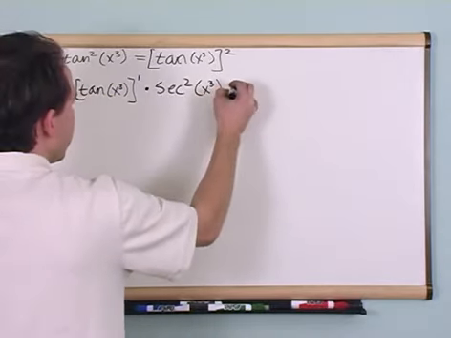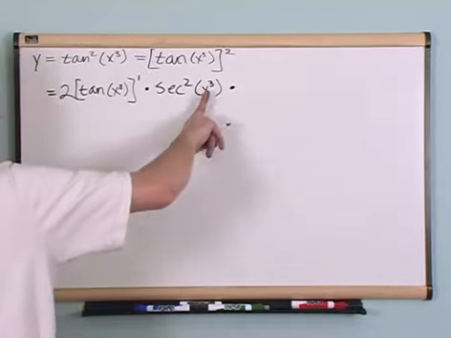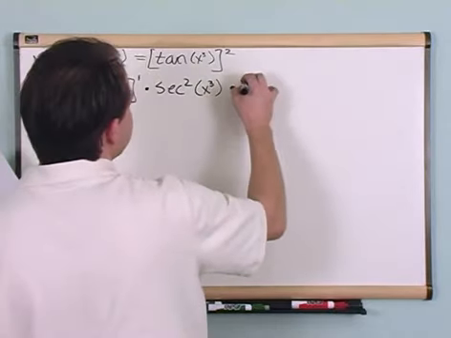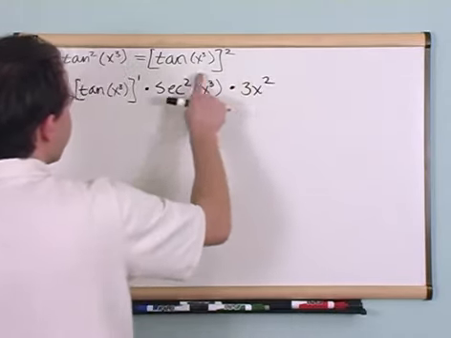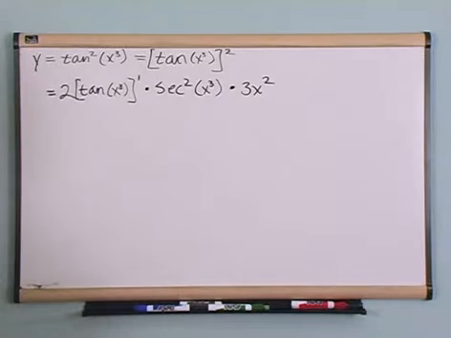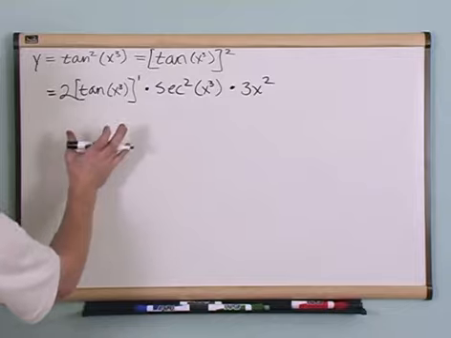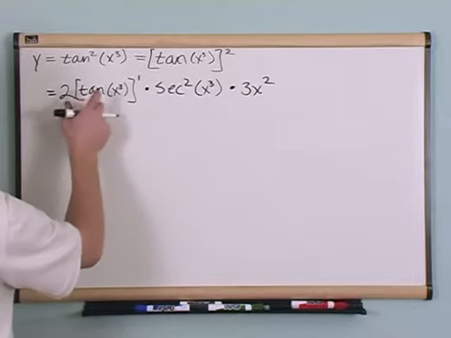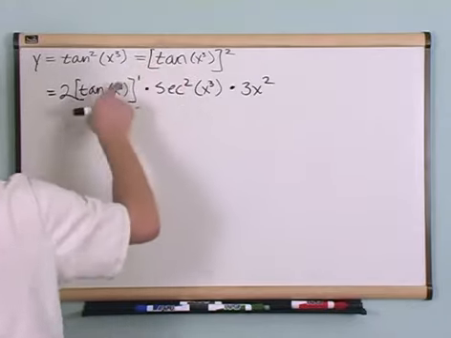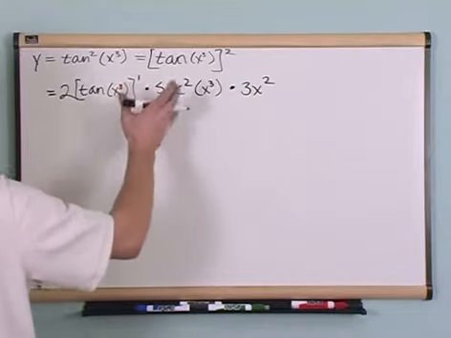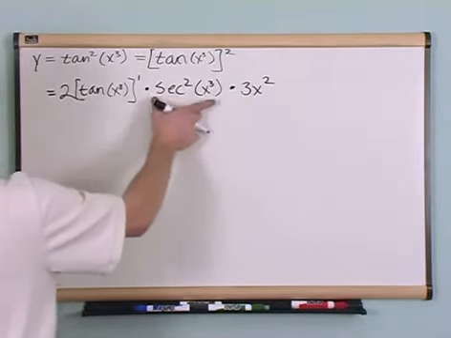Now, to move further, I've got to take the derivative of the inside again. Derivative of that is simply 3x squared. 3 comes out of the exponent, and then you have x squared. So here you did the chain rule twice. You have 2 times, you do the big one, so you have 2 and the inside raised to the first power, and then you're taking the tangent, which gives you secant squared.